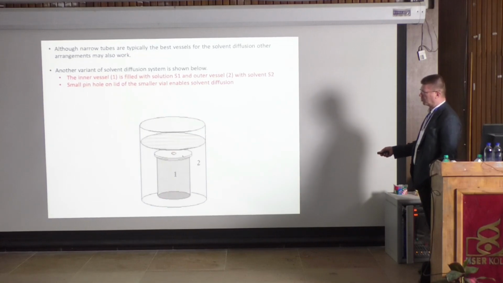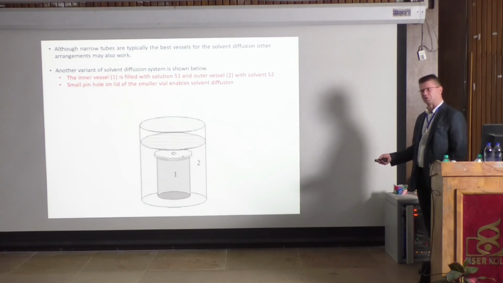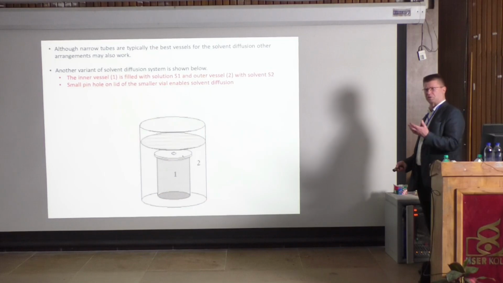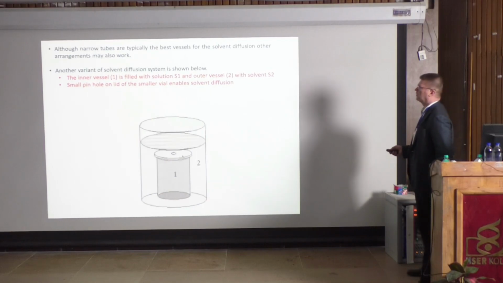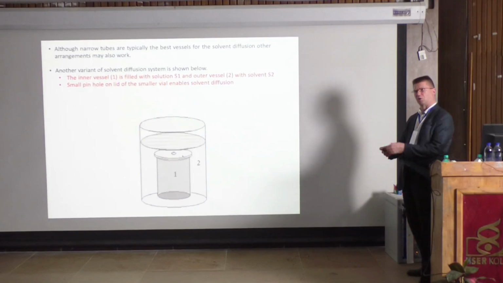Through the small hole, the two will diffuse, and then the local concentration in here will change. So this is a little bit easier technique, and it's called solvent diffusion. It's a very simple thing to do, and much easier in practice than a long tube.